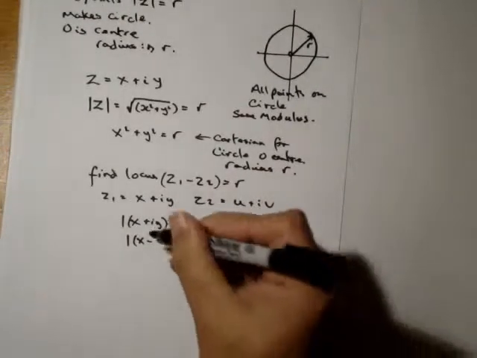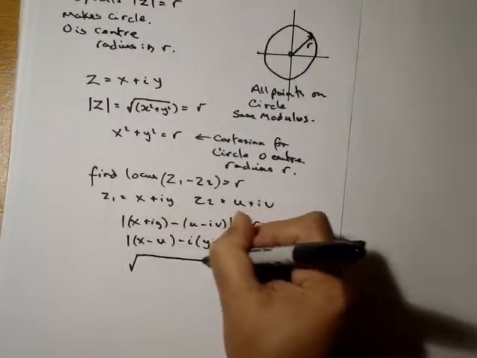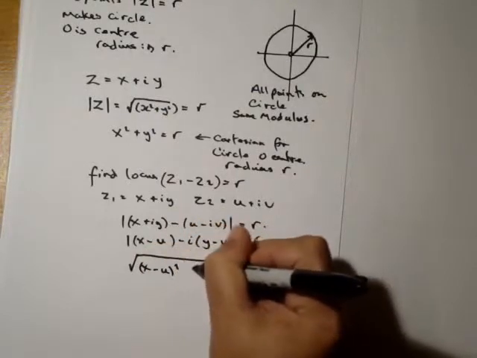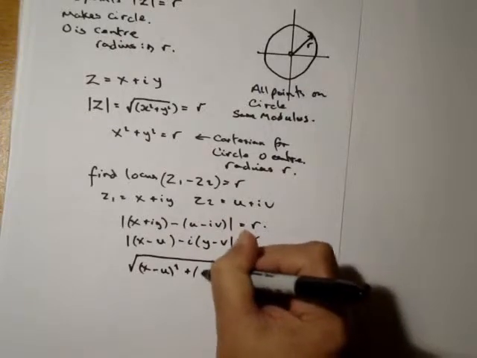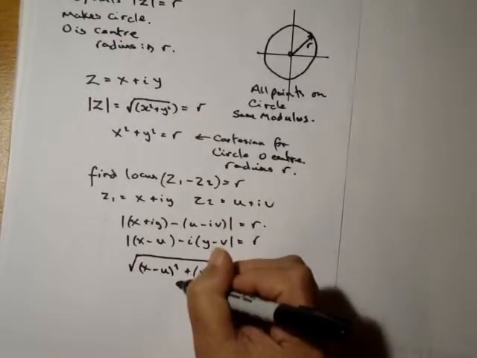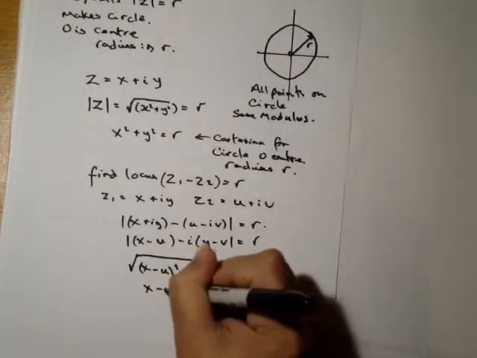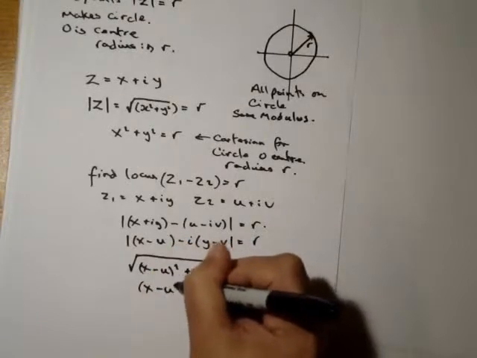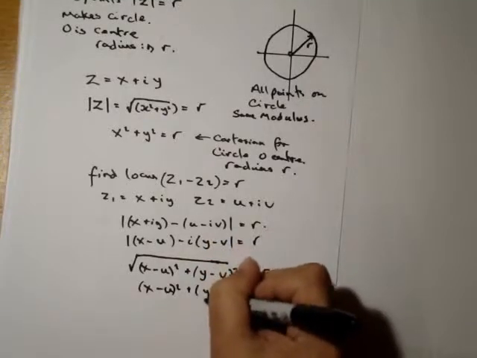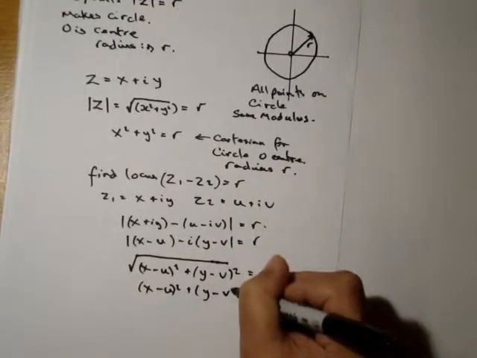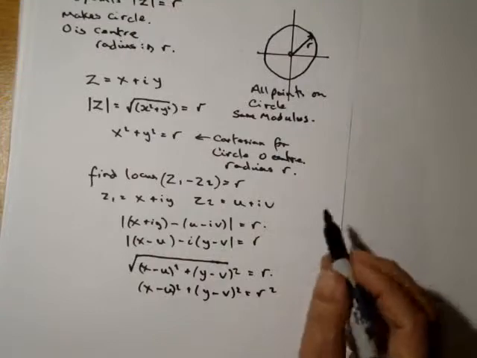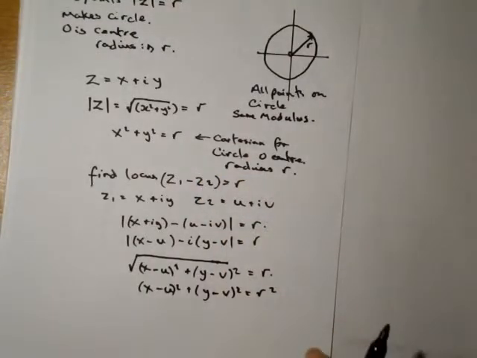When we take the square roots, this would be x minus u squared plus y minus v squared equals r. So x minus u squared plus y minus v squared equals r squared, and this is the equation, as we said, for the circle.